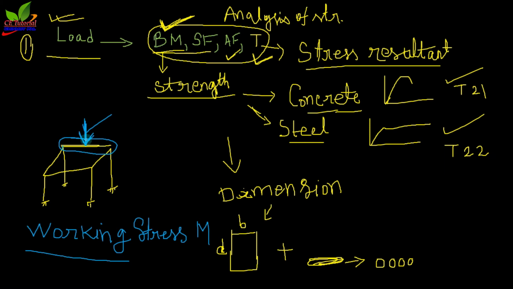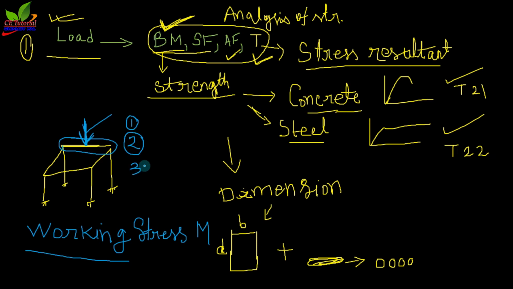Okay, so what should be the working load? Working load number one is the dead load of this particular beam, self weight. Okay, self weight of this beam. Okay, another is dead load. If there is a slab, then the self weight dead load of this slab also comes on this beam.